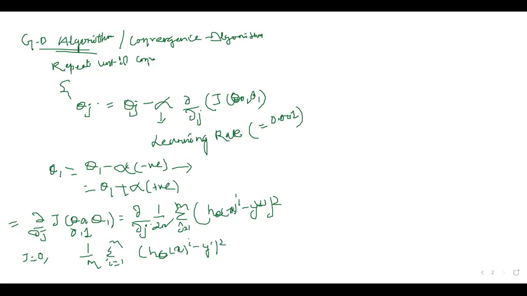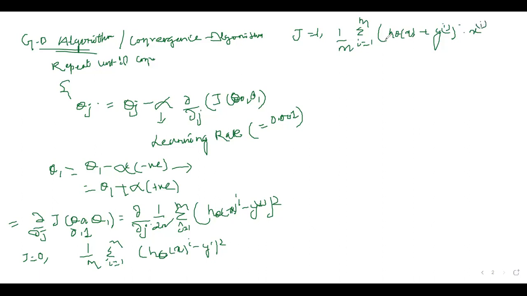If j is equal to 1, what will be my equation? Then my equation will be 1 by m summation of i equals 1 to m, h theta of x of i minus y of i, into x of i.